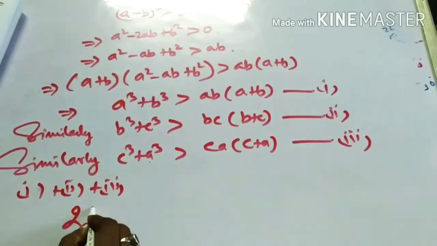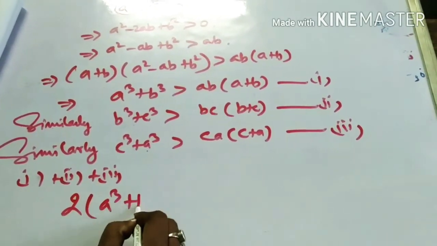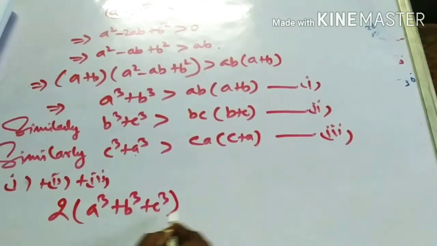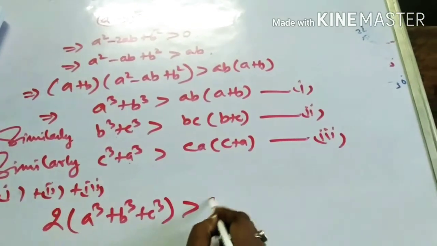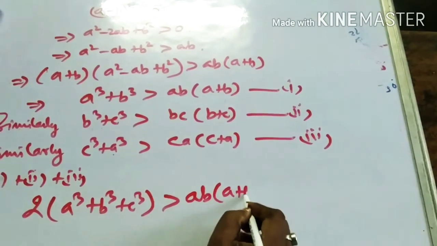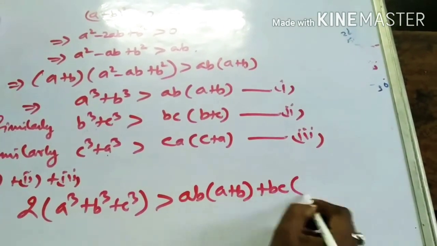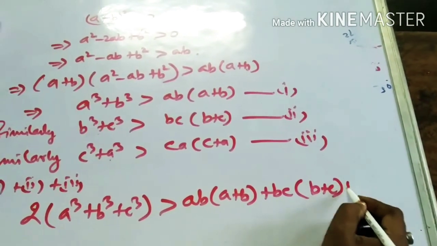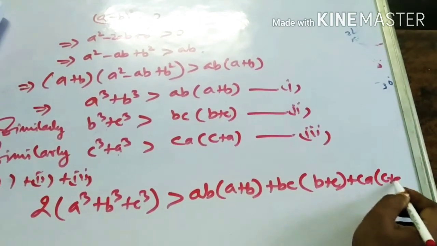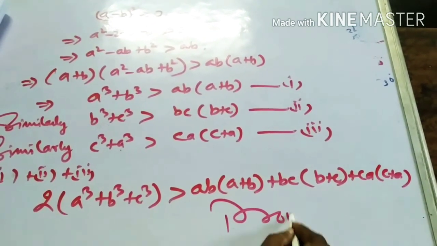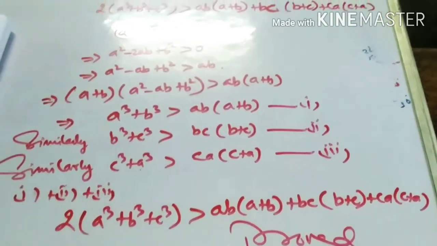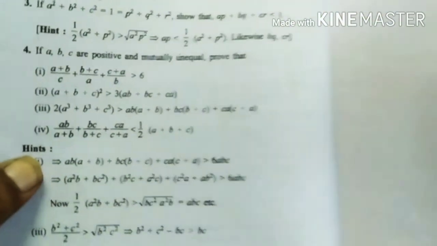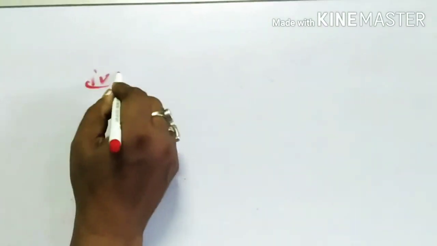So I can write 2(A cube plus B cube plus C cube) greater than AB(A plus B) plus BC(B plus C) plus CA(C plus A). Proved. This is proved.